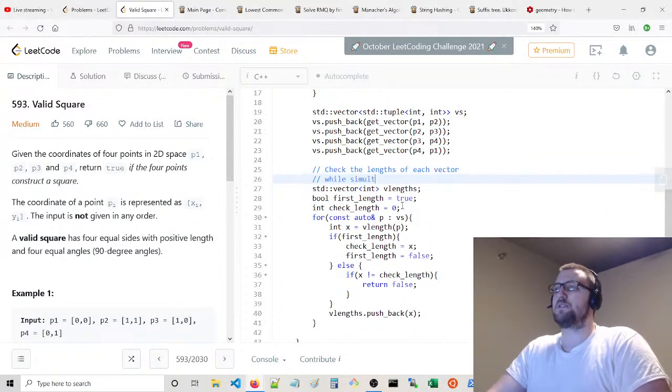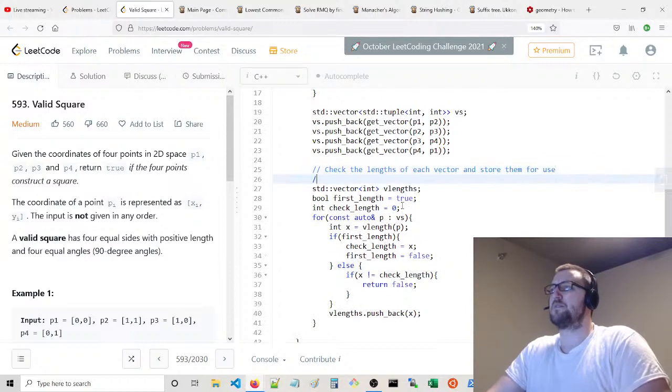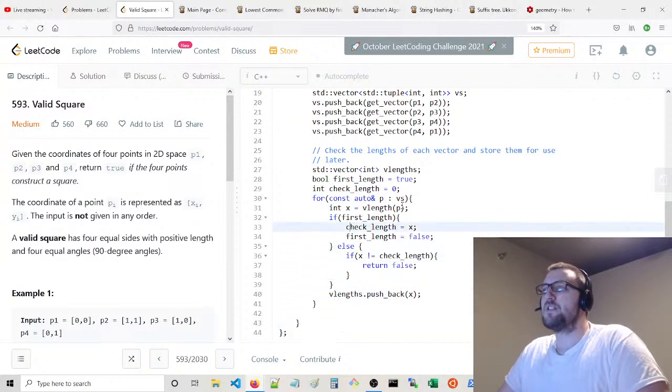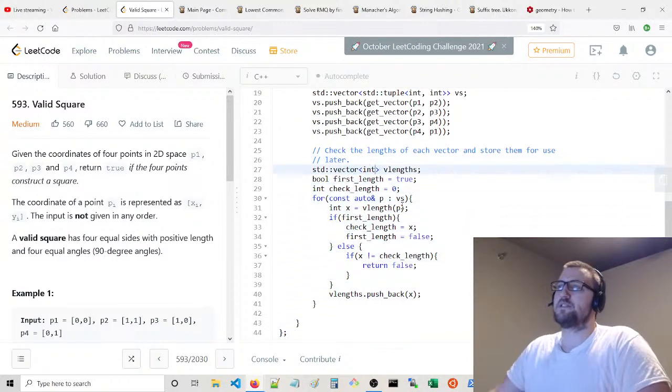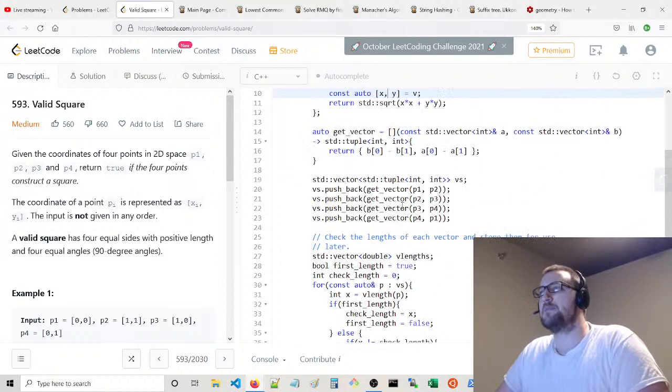We can actually, while simultaneously, actually it's better to do it this way, I think. Store that. Yep. And the vector lengths actually are not necessarily integers, by the way. These we're going to go ahead and use doubles.